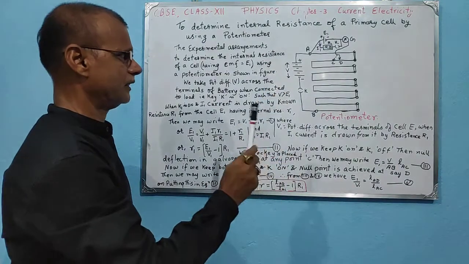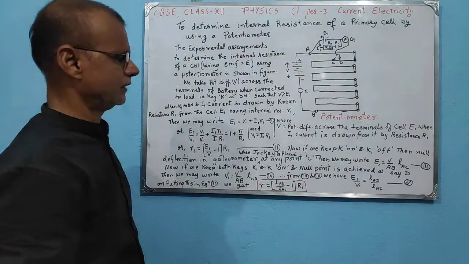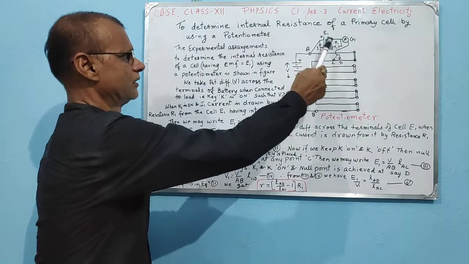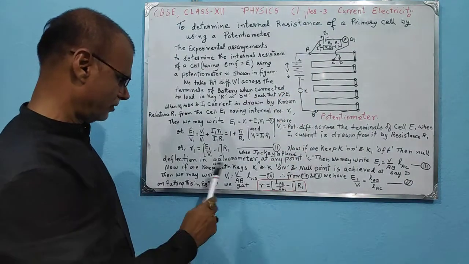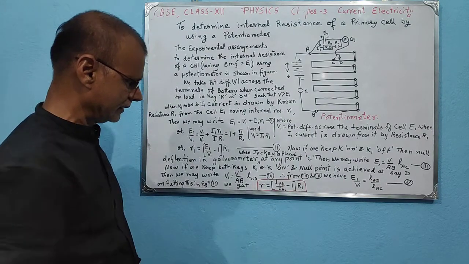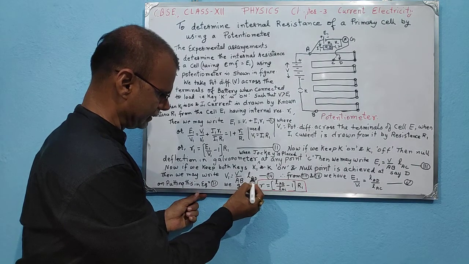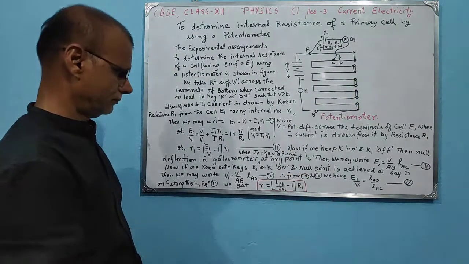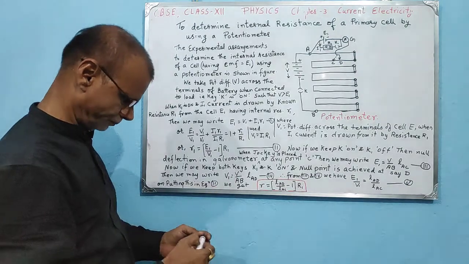For this situation, if the null deflection is obtained at point D, then we can write that the potential difference across the cell, when some current I1 is drawn by load R1, is V1 equal to V by AB into LAD. LAD means the length of the wire AD, multiplied by the potential difference per unit length, that is V by AB.